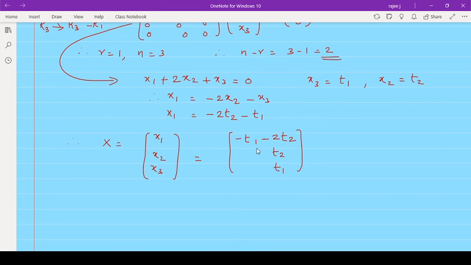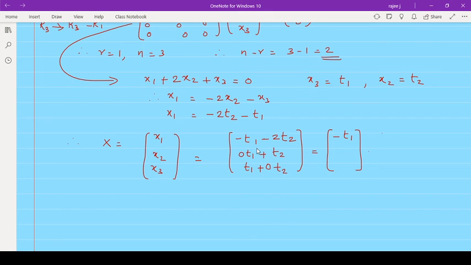Now what we have to do here: this is minus t1 minus 2t2. Here there is no t1, so I will write 0 t1 plus t2. And here there is no t2, so I will write t1 plus 0 t2. Then the next step is to separate this as t1 and t2.